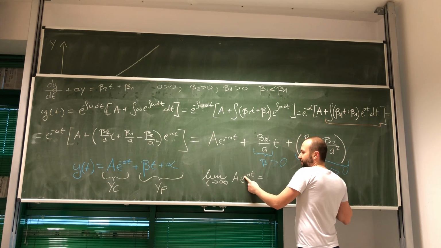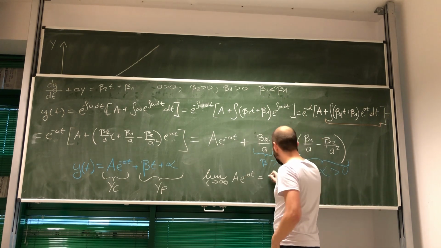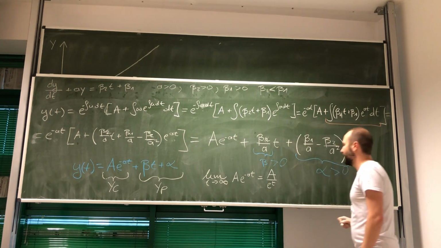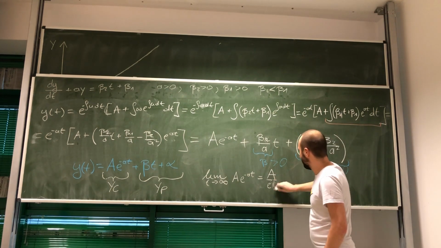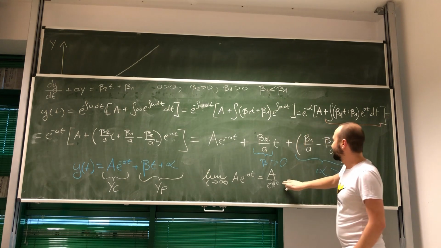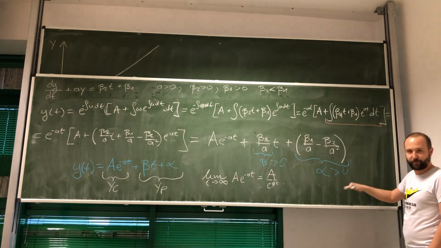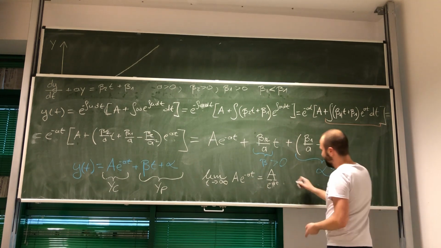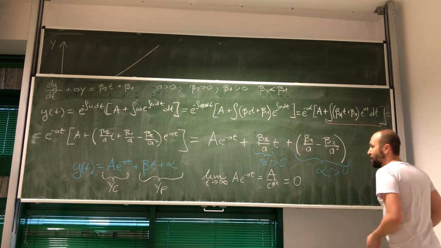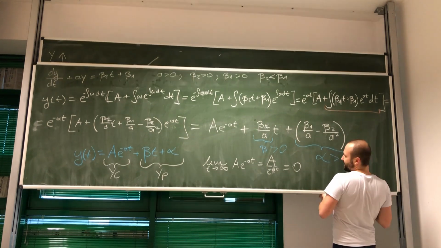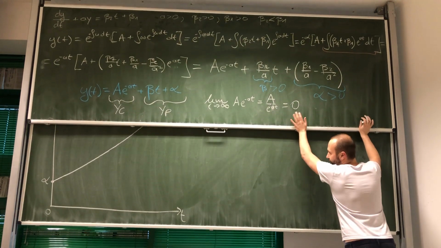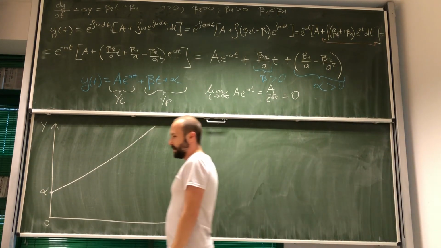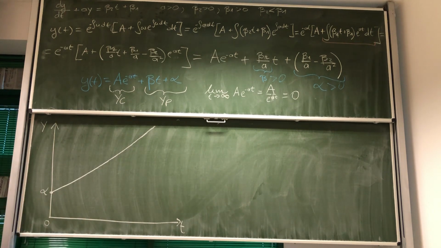Because we have a minus, we are dividing a by e to the power at. So as t gets bigger and bigger, this expression gets smaller and smaller. It goes to 0. So here we have a process in which, if GDP is thrown out of the equilibrium, the economy should eventually go back.